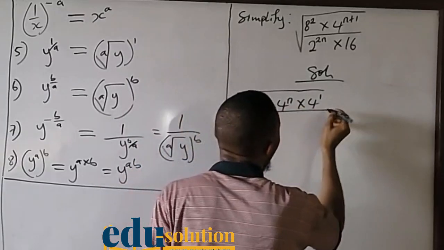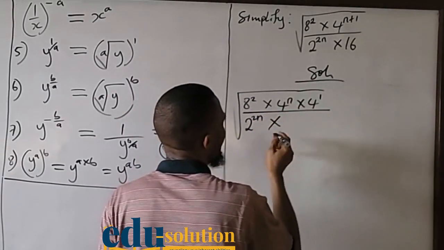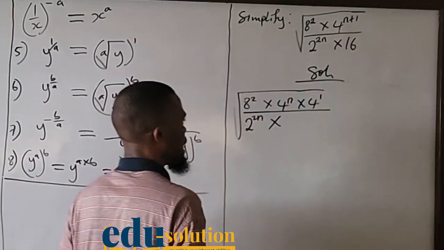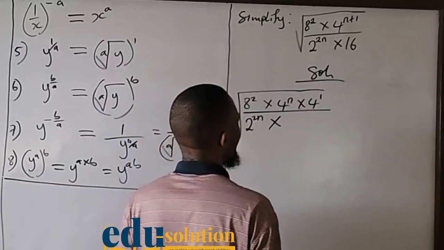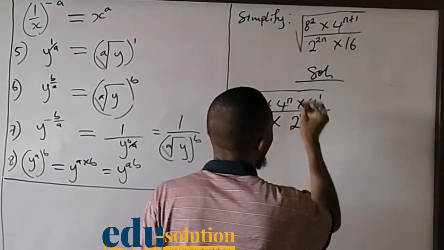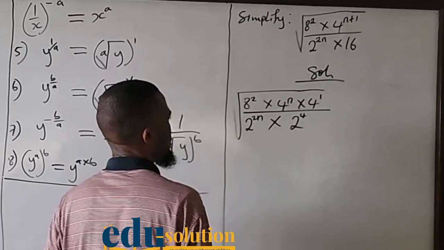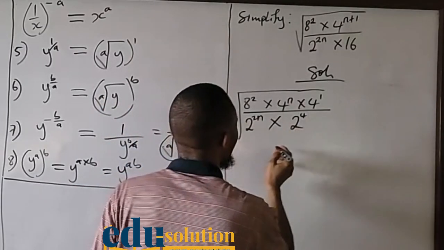So now we have 2 raised to the power of 2n times 16. Is there anything 2 raised to the power of something that gives us 16? That is 2 raised to the power of 4, right? So 2 raised to the power of 4 gives us 16.